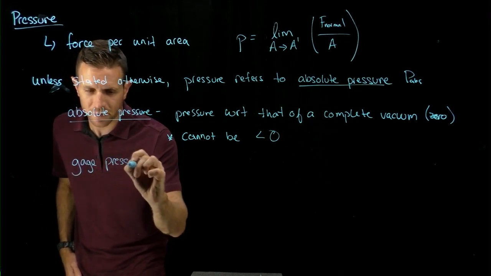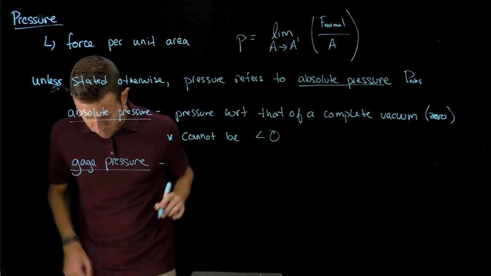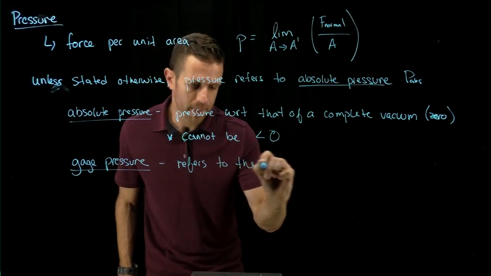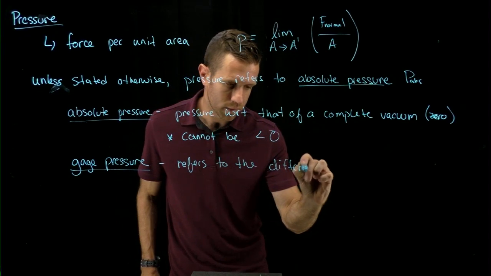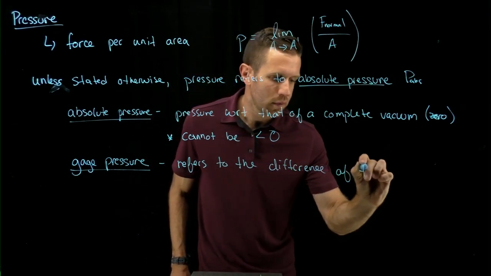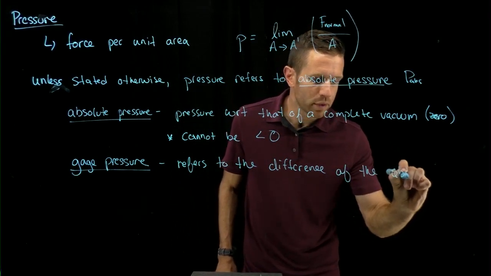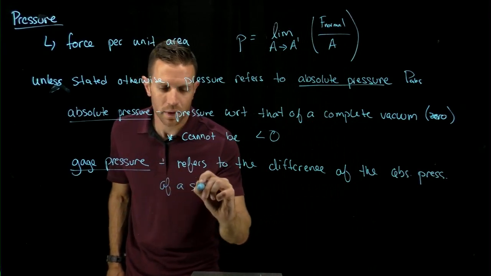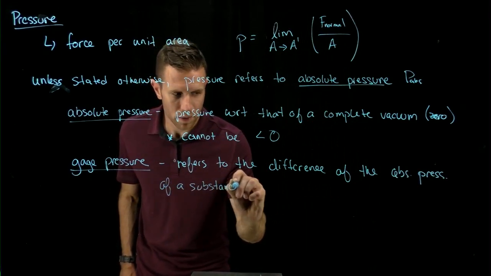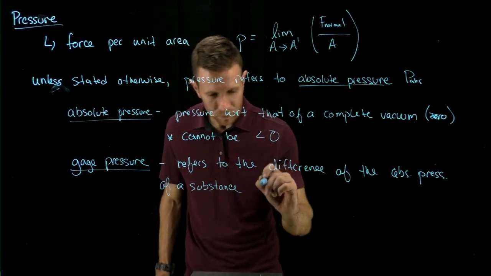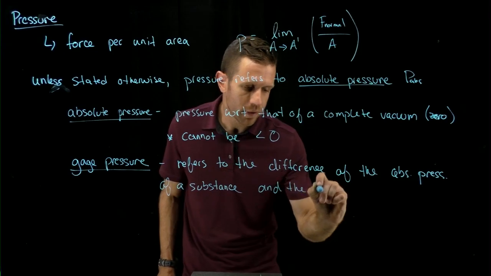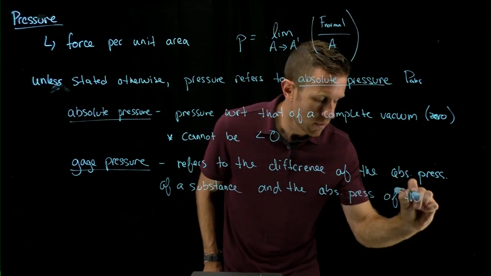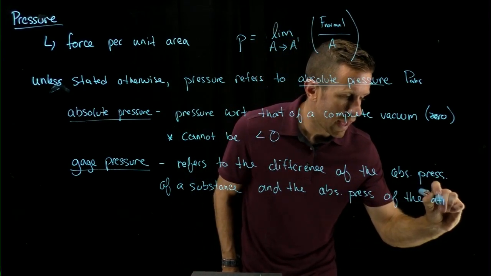Gauge pressure is different. Gauge pressure refers to the difference of the absolute pressure of a substance and the absolute pressure of the atmosphere.